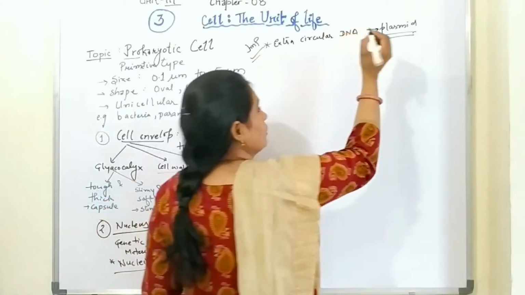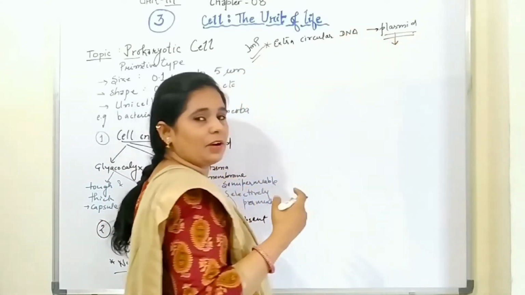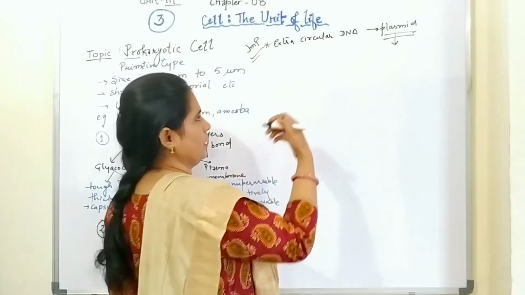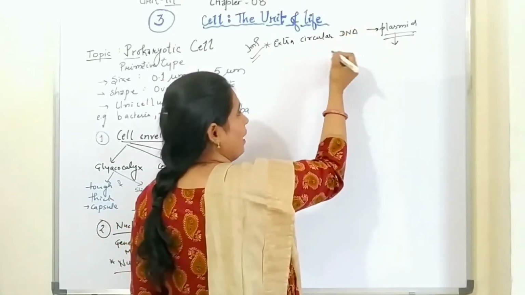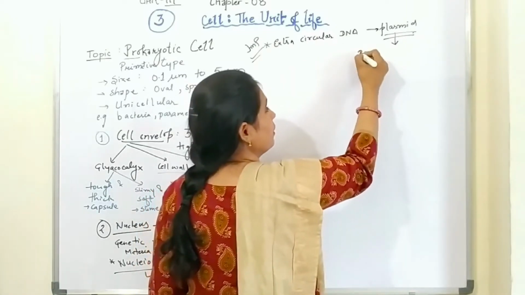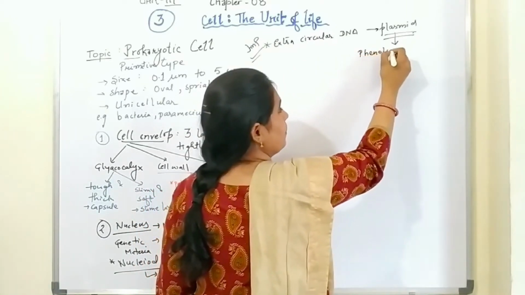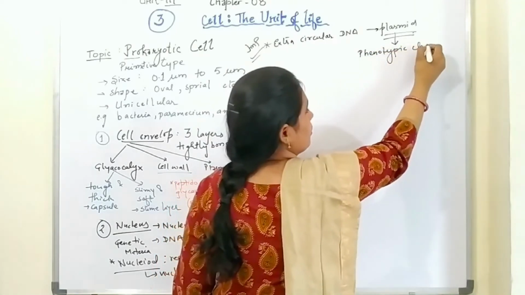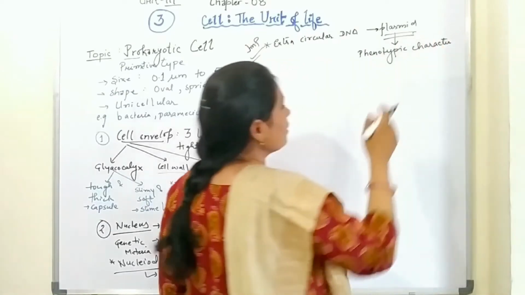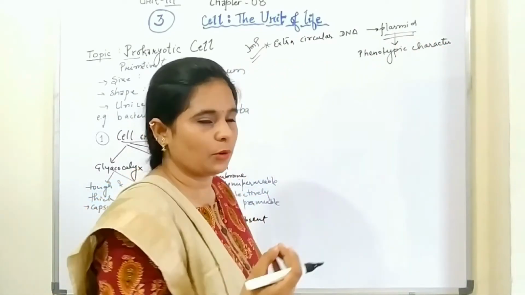So what is the function of this plasmid in bacteria or in the prokaryotic cell? So plasmid is helpful, or it is controlling the phenotypic character of bacteria.